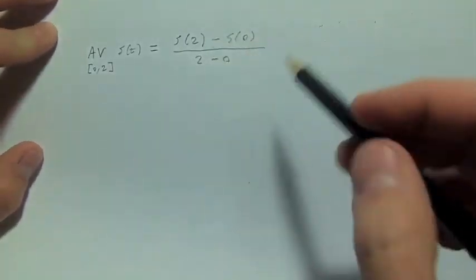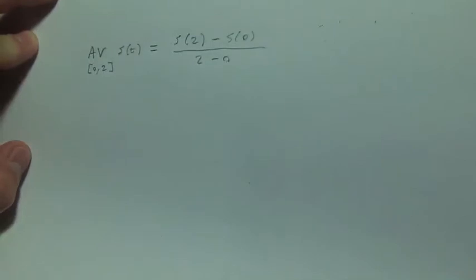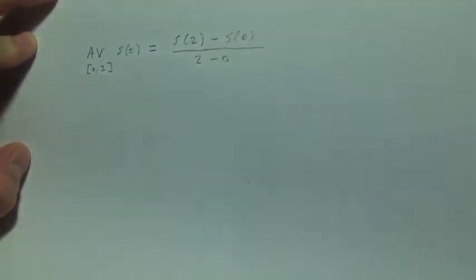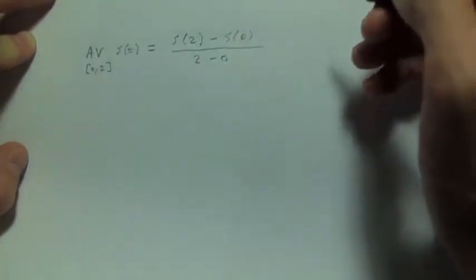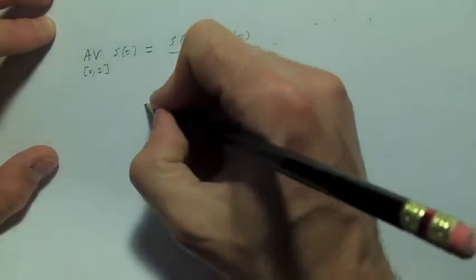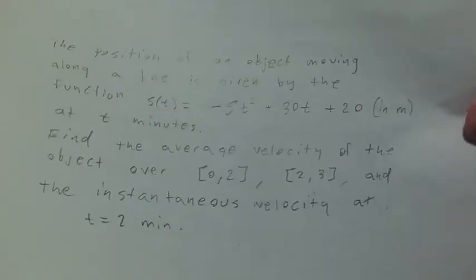Now, again, like I said before, you can invert these if you want, as long as you stay consistent. If you want to do s of 0 minus s of 2, you have to do 0 minus 2. They should match. If we go back to what our function looks like, remember it's negative 5t squared plus 30t plus 20.